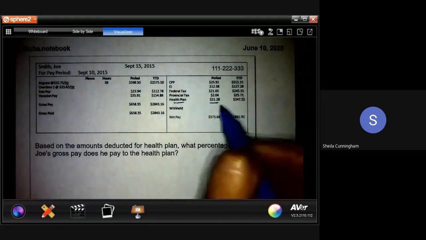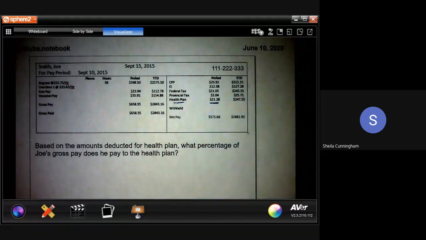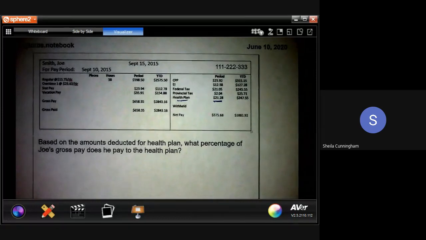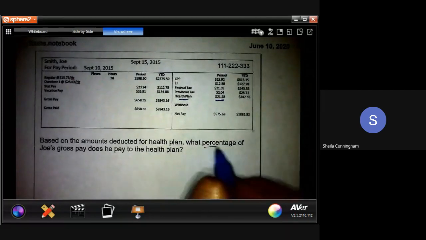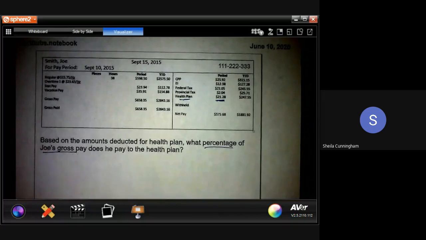So based on this particular deduction of $21.28, we want to know what percentage of Joe's gross pay he paid to the health plan. Just to figure out, if we're talking percentage, how much of his check is he actually having to pay to his health plan?